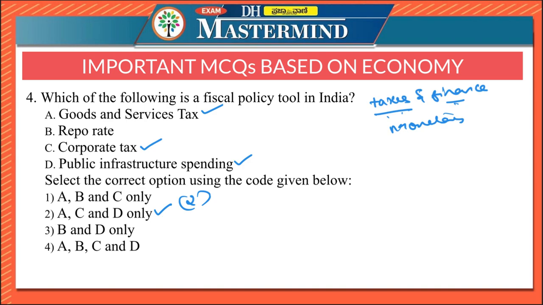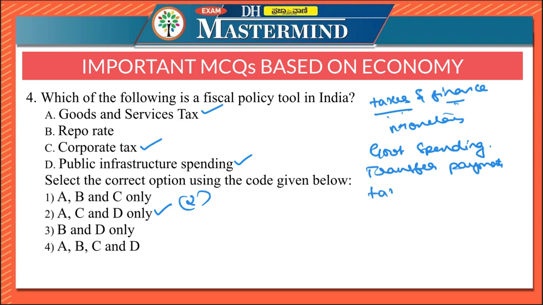So government spending, transfer payments and taxes are the three tools of fiscal policy. Which are the three tools? Government spending, on which sector to spend more. This is decided by the government and this forms a part of fiscal policy. Transfer payments like subsidies and other things also form part of fiscal policy.